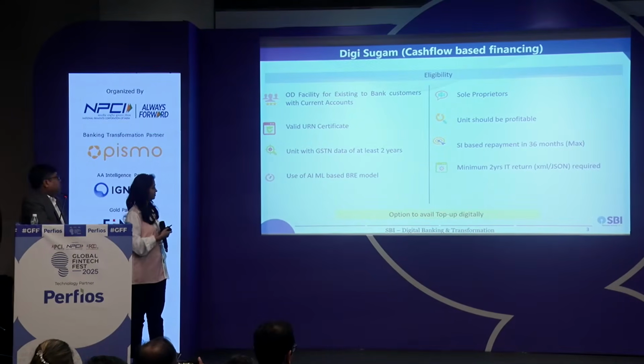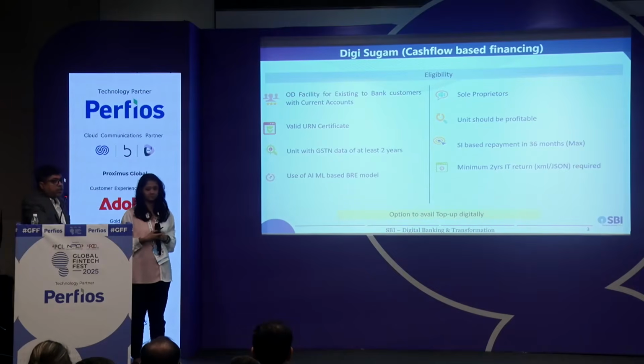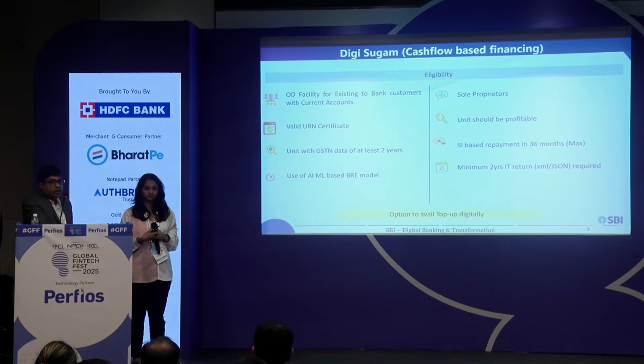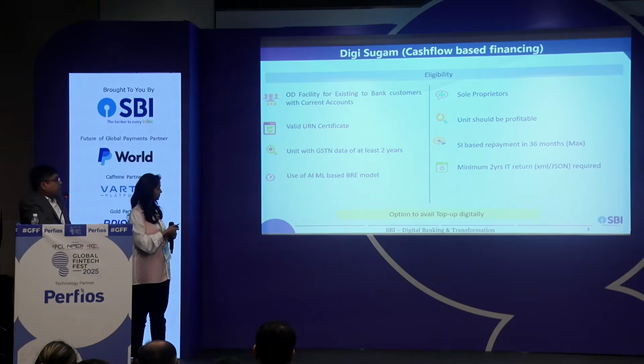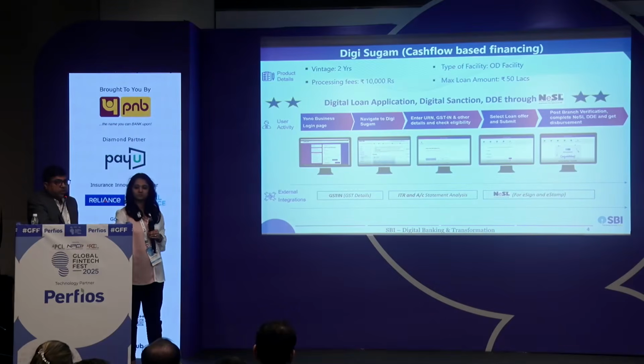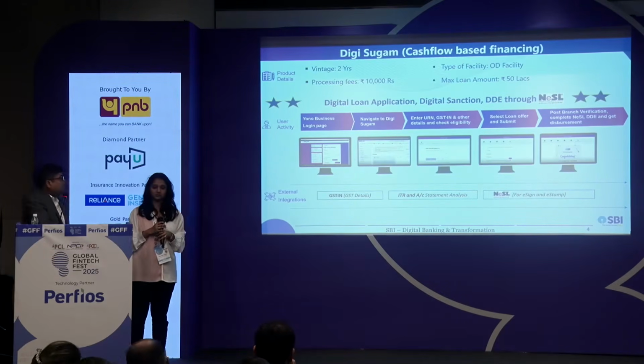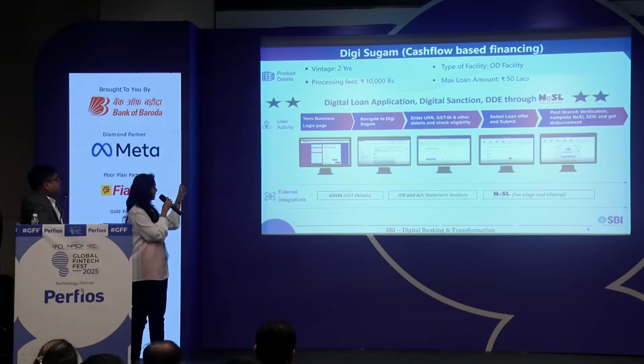Third, we need GSTN; at least the customer should be a GSTN registered customer, because we want to check the digital footprint of that customer and see the exact requirement or need of that customer. After that, the loan can be given up to a maximum of 36 months, which will take care of their cash flows. So quickly, I will take you through the journey.